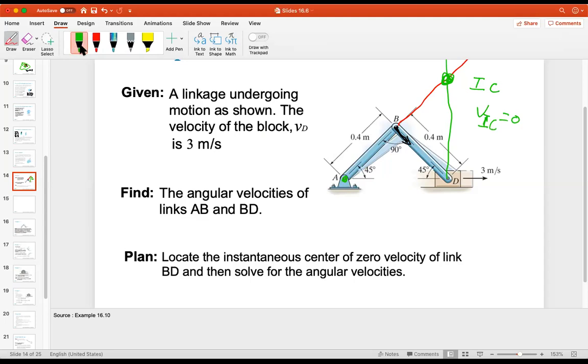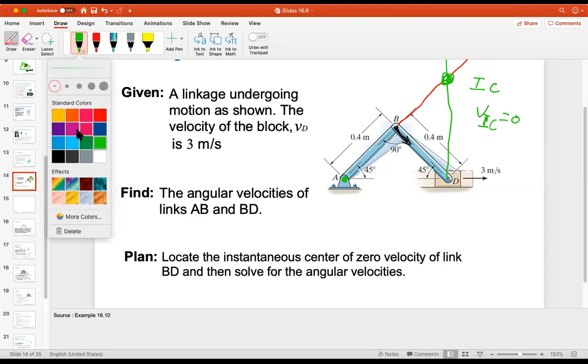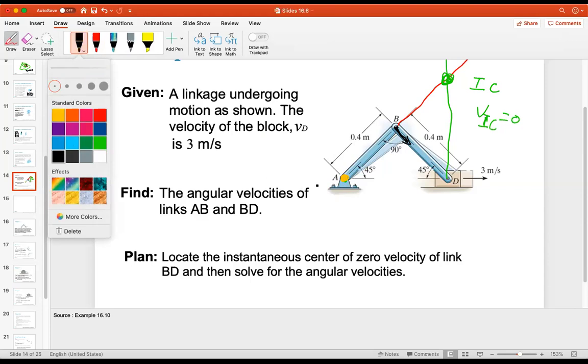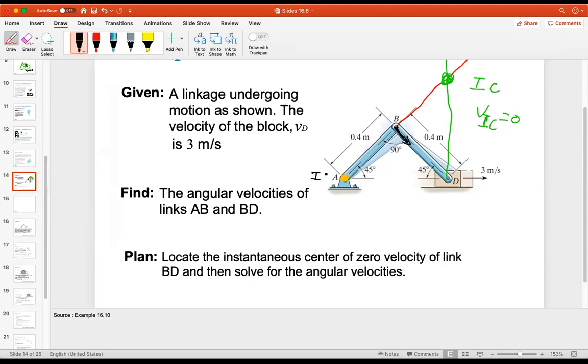Let me choose a better color, something more visible. Do it in yellow. The instantaneous center for link AB. Okay, this is for link BD.